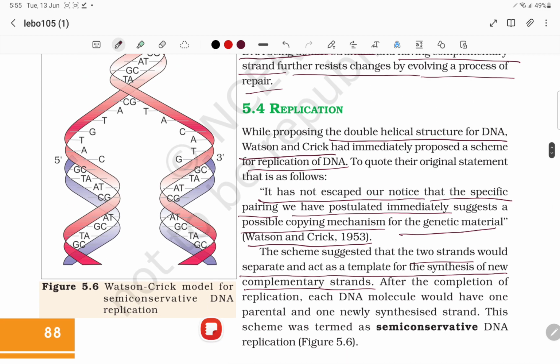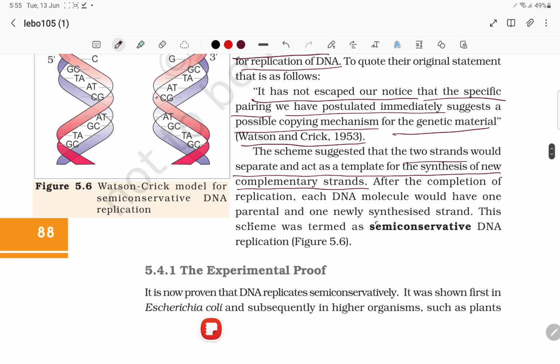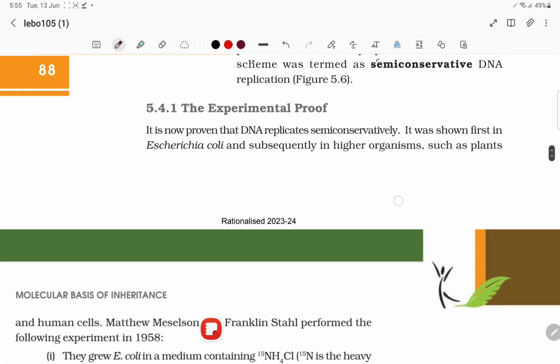Each one will act as a template for the newly forming strand. After completion, each DNA molecule would have one parental and one newly synthesized strand. This scheme we call semi-conservative DNA replication.